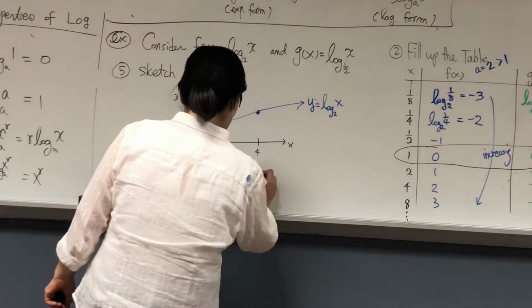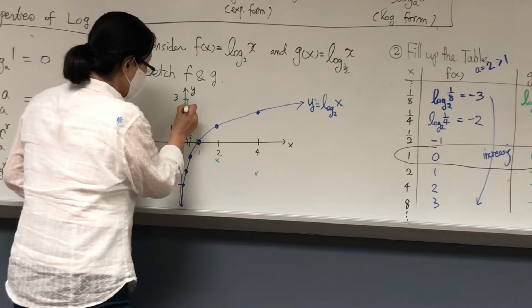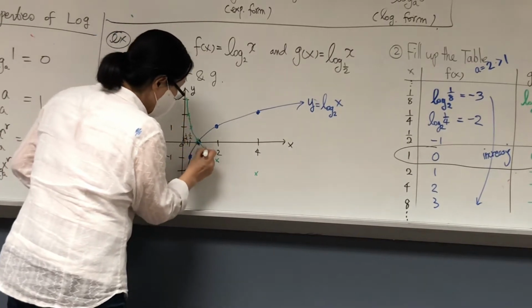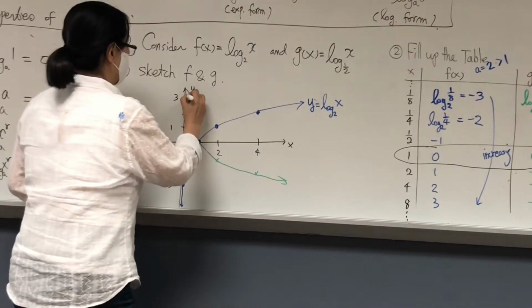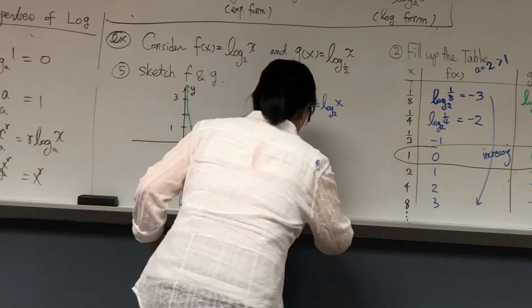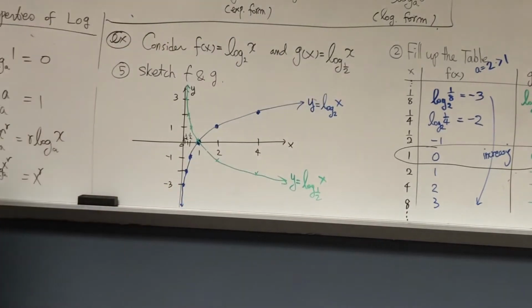At 4, -2. So your graph is this. This is the graph of what? Base 1/2, isn't it? You should know. Good.